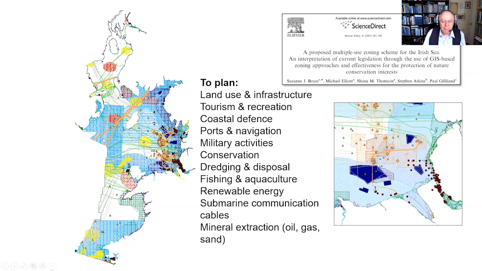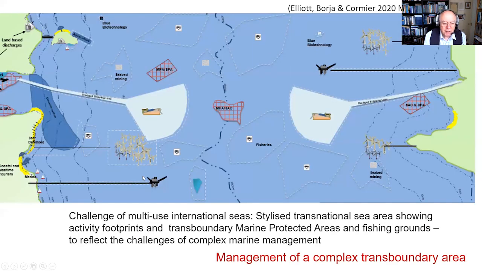This is just a map of a small area, a part of the UK between England, Scotland, Wales and Northern Ireland. And you see what's happening there. So this started us thinking about the industrialization and urbanization of these areas and the way we use the marine area. We use the marine area because of all the things that we want.